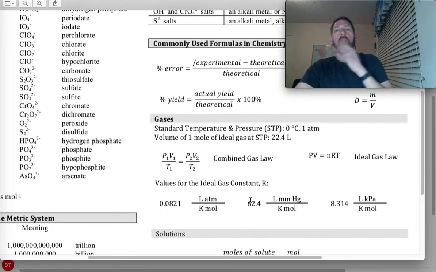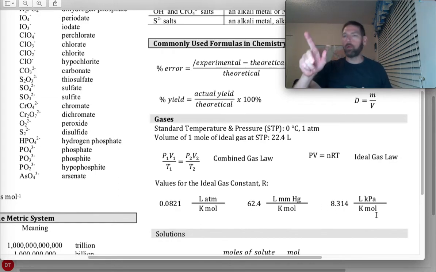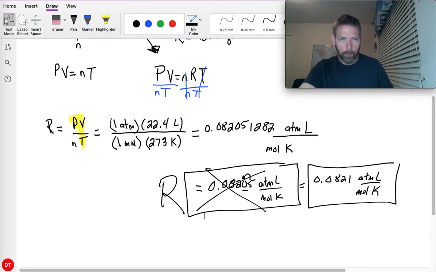Now let me draw your attention to something right here. You'll see that this value is here, and then notice moles Kelvin is on the bottom, and it doesn't matter if you go mole Kelvin or Kelvin mole. 2 times 4 is the same as 4 times 2. So x times y is the same as y times x. I wrote it this way because if we look at the equation, you've got pressure, volume, and notice I kept it in the order of pressure, volume, and then down here you have your temperature preceded by moles.